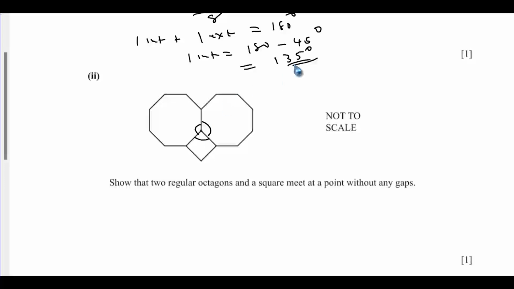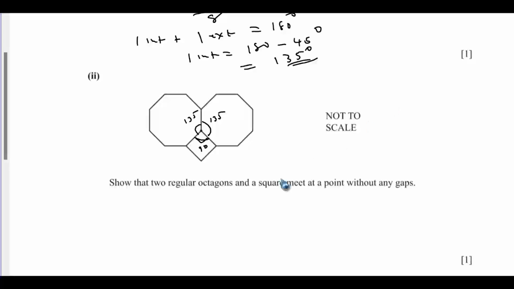We've already found one interior angle of a regular octagon to be 135. So this is 135, this will also be 135. A square has each interior angle to be 90 degrees, so this will be a right angle here for the square. So you can put 90 degrees here.